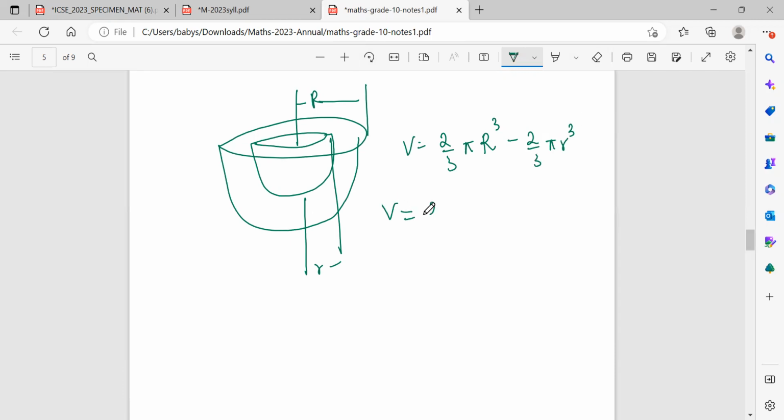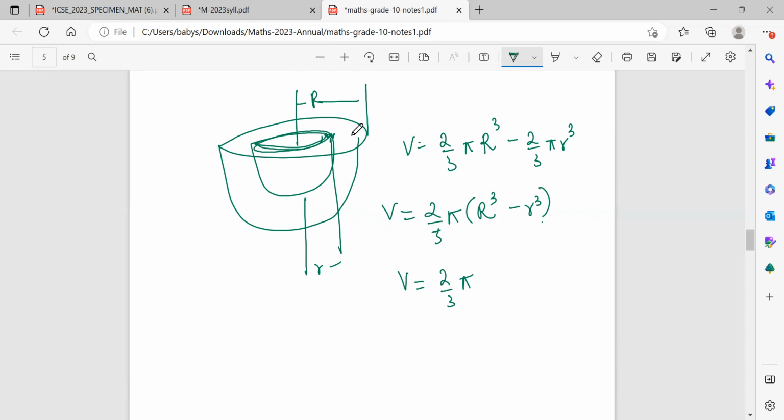You can take out 2/3 pi, R cube minus r cube. So 2/3, because for the entire sphere it is 4/3, right? This is a hemisphere. All right, so we can find this out. Plus remember, you are going to consider, in this case, it's not just that.